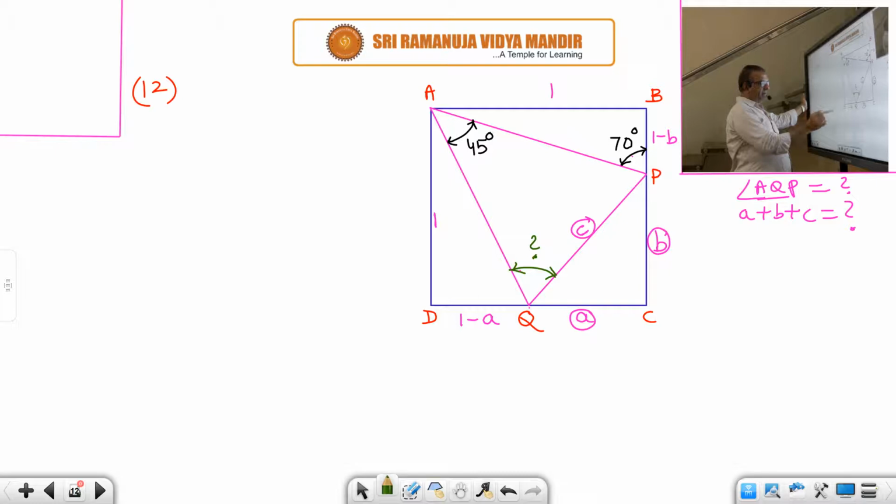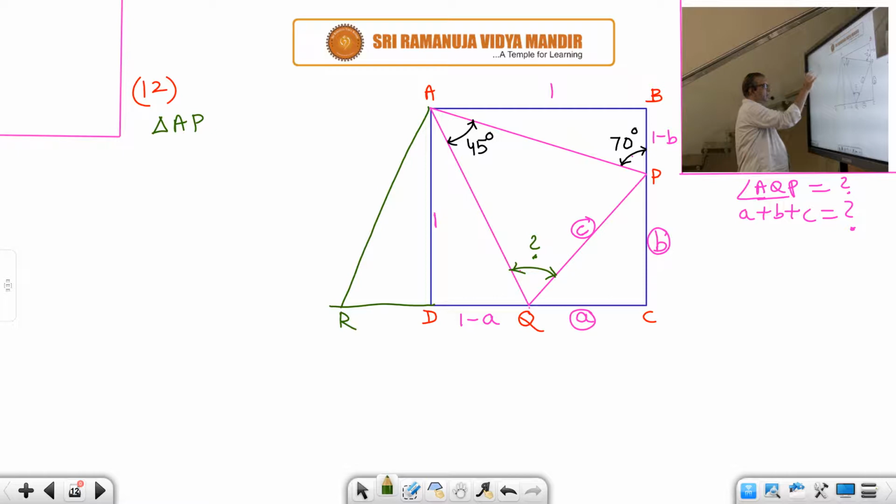Same triangle I am constructing here by producing this side and drawing like this. Let us call this R, capital R. What I mean to say is triangle ADR, which I have constructed. Triangle ADR is congruent to the triangle ABP.